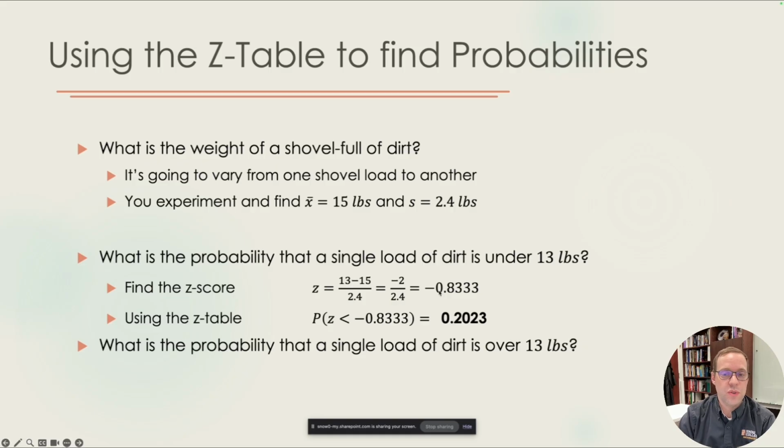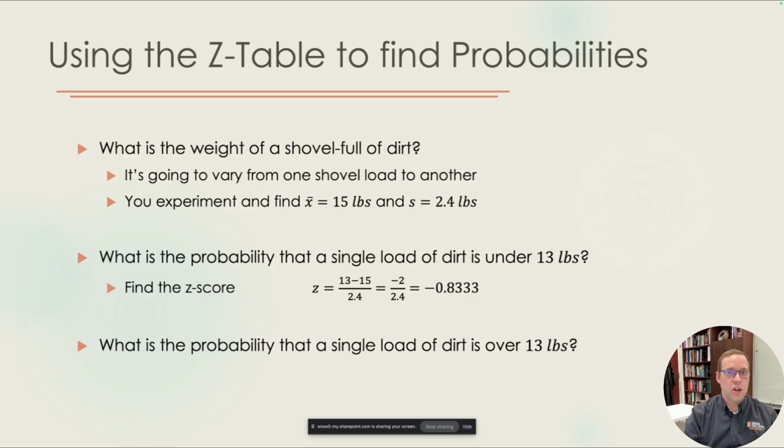If you said 0.2033, which is what the z-table said, I would accept that as well. So from that z-score in our table, the probability of z less than negative 0.8333 is 0.2023, a 20.23% chance.